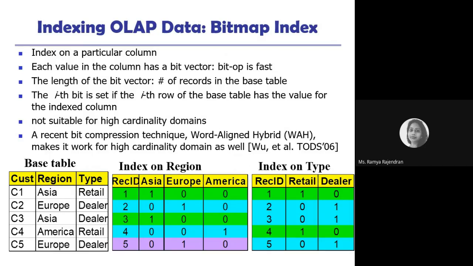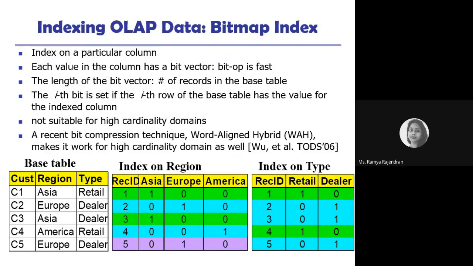For example, for Asia the ID is created as 100, for Europe it is 010, and for America it's 001. Whenever you get a customer like this, it is indexed like this. For type, retail is 10 and dealer is 01. I'm just indexing it here based on this.